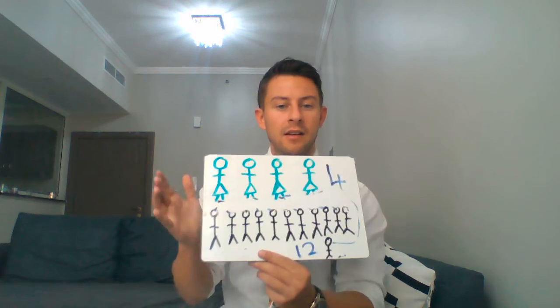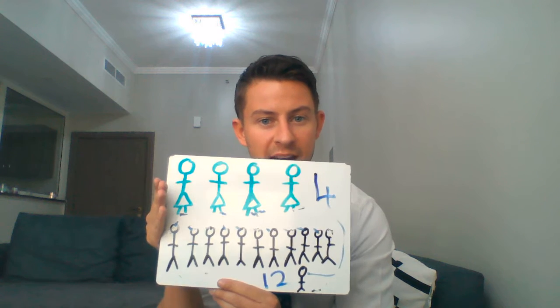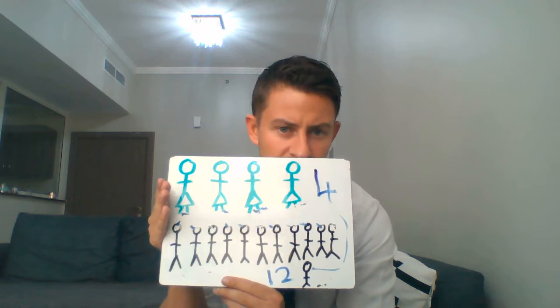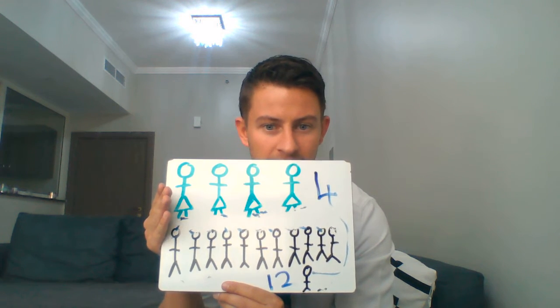Now, you might be asked a question that is half finished, and we'll use the boys and girls again. You might be asked, what does this tell you? For every 4 boys there are, so you've got to actually count.